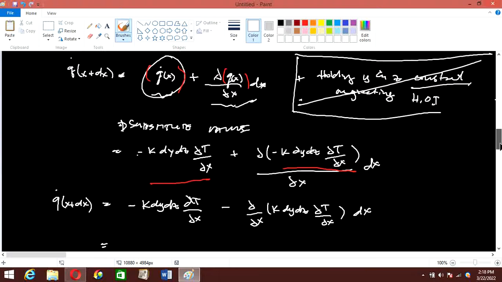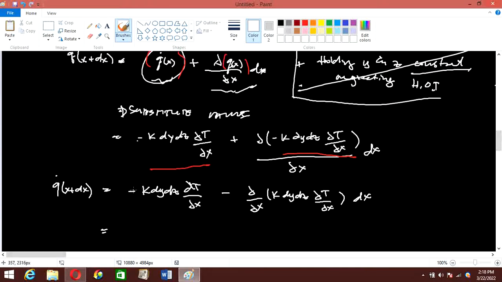We can further simplify this, so we have k dy dz partial derivative of t over dx, and let me write this term at the end of this expression.